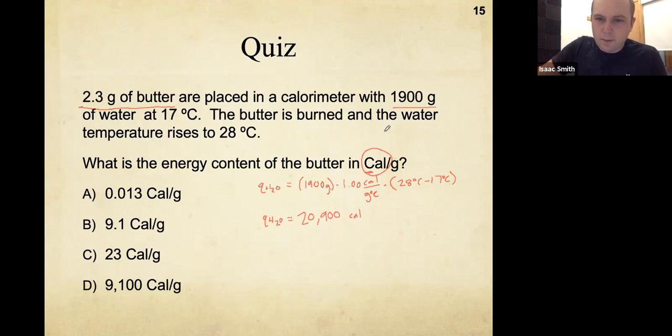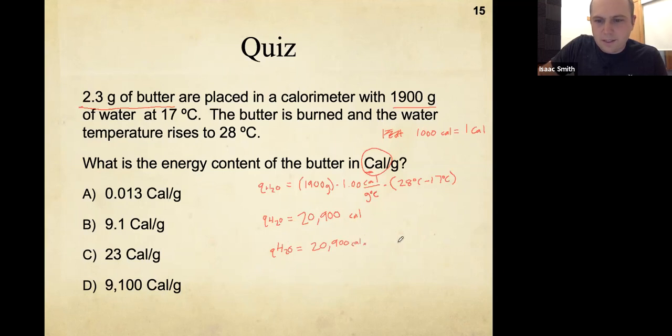And so if you remember from the previous slide, 1,000 calories with a little c is equal to 1 calorie with a big C. So now I can say the heat of water is equal to 20,900 calories.